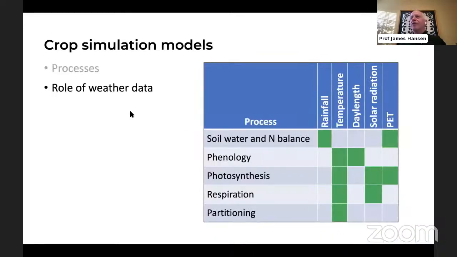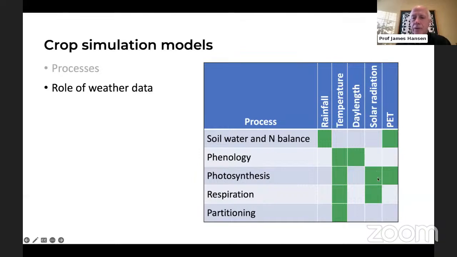Now, most of these processes are sensitive to weather data, and most crop models do a pretty good job of capturing some of the main effects of weather on crop processes. Rainfall, of course, affects the soil water and soil nutrient balance. Yesterday, I reviewed some of these mechanisms. How quickly a crop passes through growth stages is controlled mostly by temperature, but also by day length.